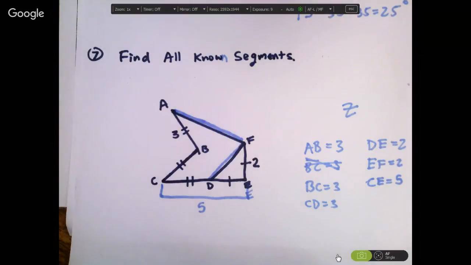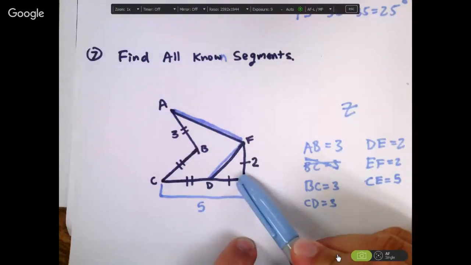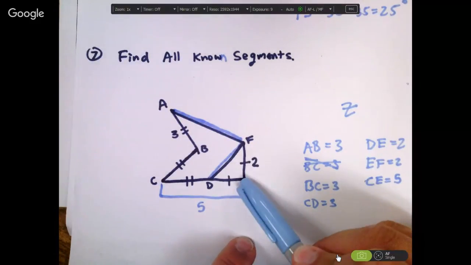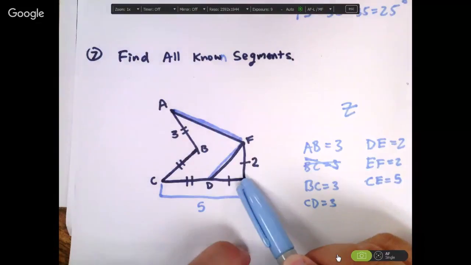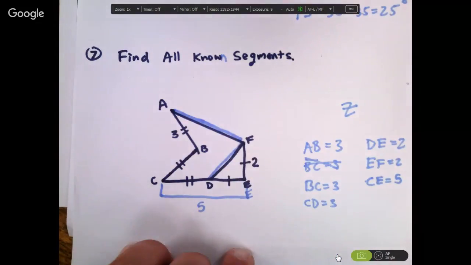Okay, but here's the thing. I did not tell you that this is 90 degrees, so you cannot use the Pythagorean theorem. This might be 89.5 degrees, or it could be 90.1. It could be super close. If I don't give you the information, you can't assume things.